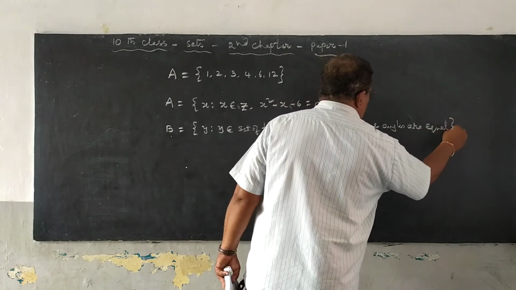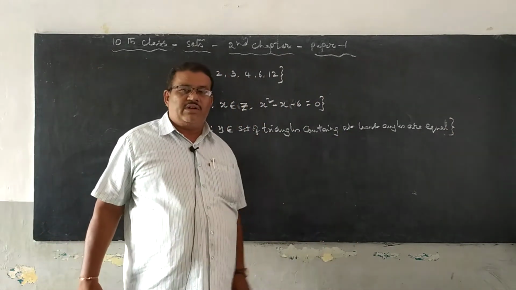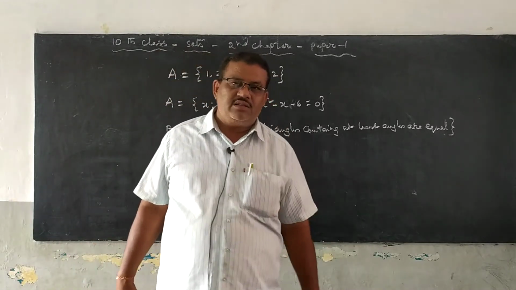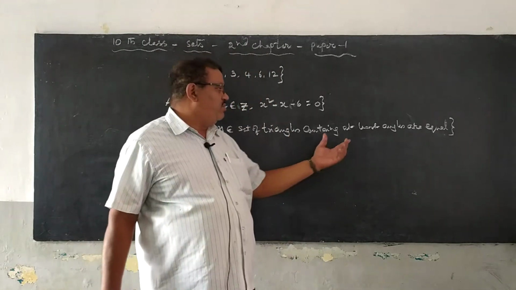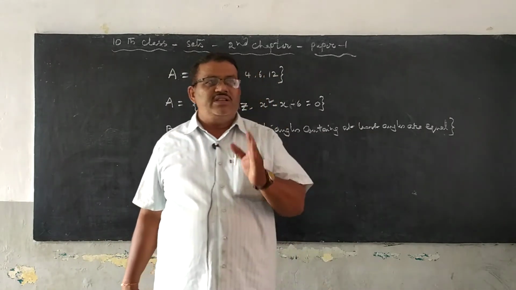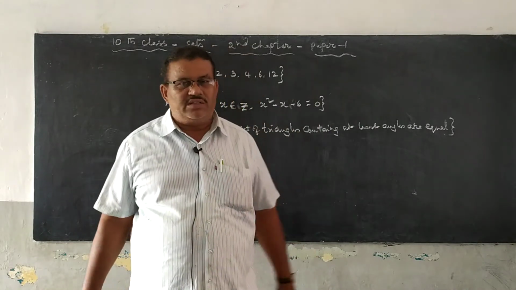This is a geometrical idea. What type of triangle contains at least two equal angles? So 40, 40, 100 degrees. Two angles are equal. 40, 40, 100. 70, 70, 40. Like this we can say so many types of triangles.